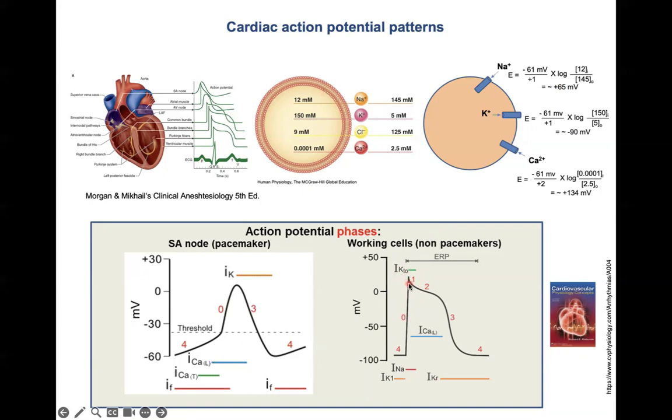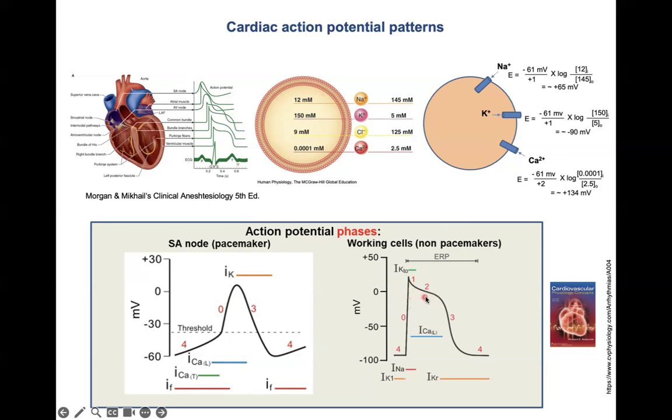Why? Take a look again. Equilibrium potential for potassium is about minus 90 millivolt. We are here plus 20 millivolt or so. Potassium has, of course, a driving force outward. Potassium channels slightly open up at this phase. Potassium leaves the cell. This causes the dip in the membrane potential, but these channels are outweighed by the action of calcium channels, phase 2.